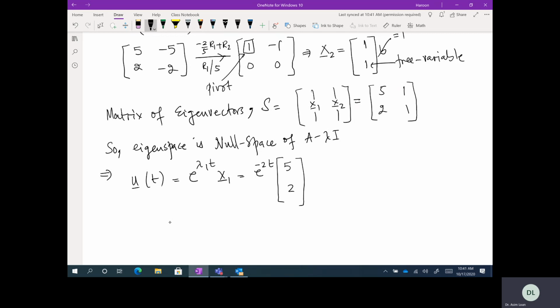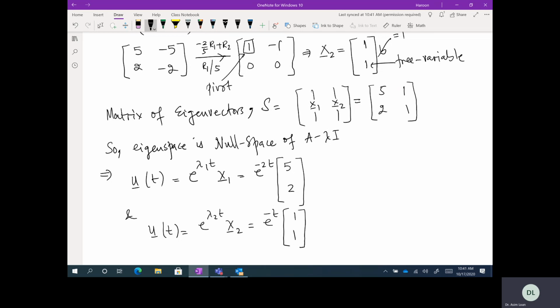And u of t is also equal to e to the lambda 2 t x2, which is e to the minus t times 1 and 1.